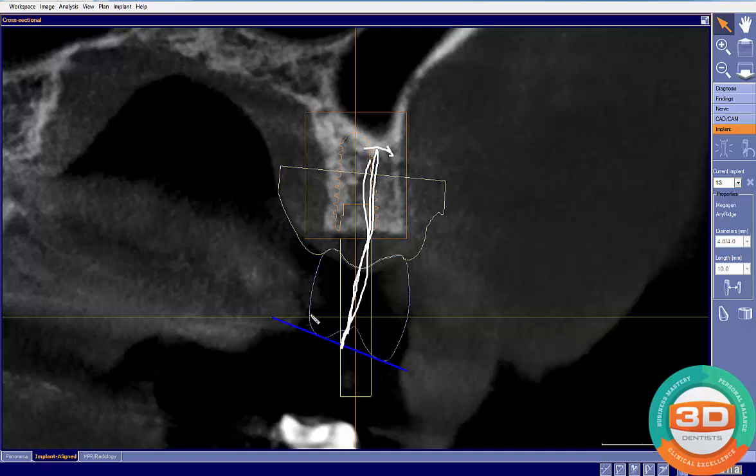And so if our cusp is actually right here, or where it should be, then our implant plan should be more like this, and then our line should really be more like that.